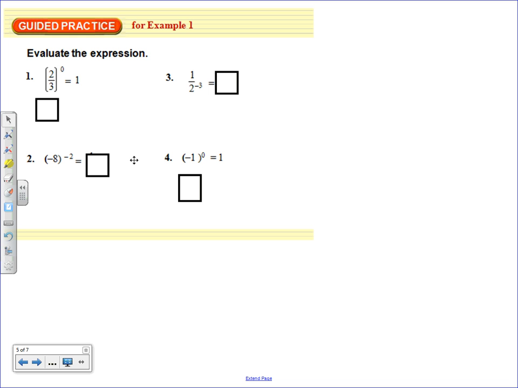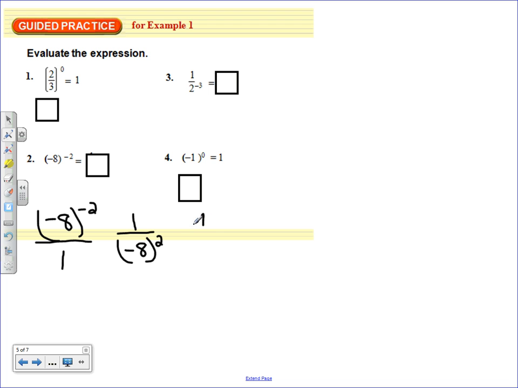We're going to go back and look at number 2 here. We have -8 raised to the -2. Let's turn this into a fraction. The way to get rid of this negative exponent is to use the reciprocal. So I'm going to flip it upside down, and I'm going to have 1 over -8 to the +2.